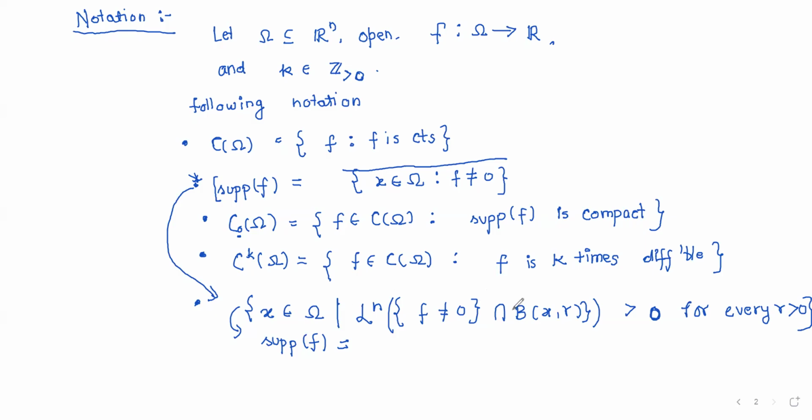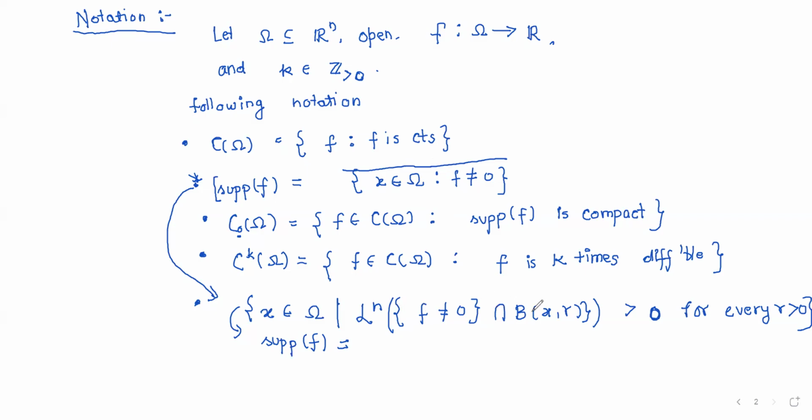So here we are talking about the measure, and this is given by the Lebesgue measure. And the other is a topological property because there we are taking the closure, and closure is topology.